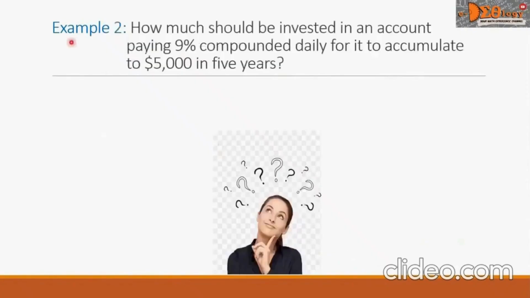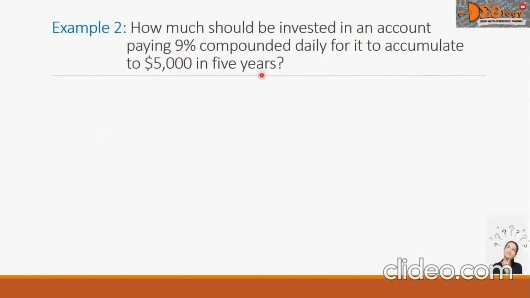Let us see example 2. How much should be invested in an account paying 9% compounded daily for it to accumulate to $5,000 in 5 years? Now, let us first write the given, starting with the rate, and it says 9%.